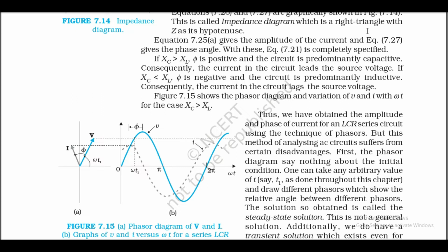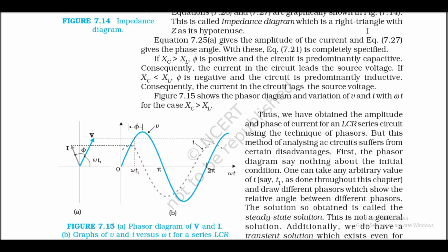If Xc is greater than Xl, phi is positive and the circuit is predominantly capacitive. Consequently, the current in the circuit leads the source voltage. If Xc is less than Xl, phi is negative and the circuit is predominantly inductive.